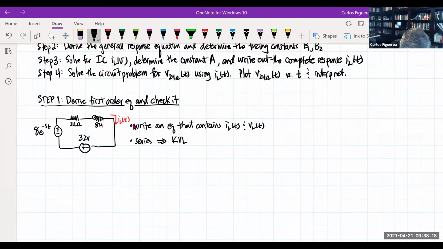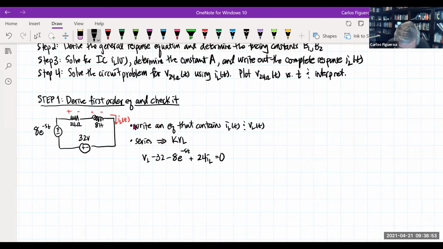So KVL tells me that it's got to be this. If I start at the inductor, you could see that the polarity of these should be exactly like this. So it's going to be VL, then I'm going to go around here, and I'm going to get minus 32 minus 8e to the minus 5t, and then plus the voltage of the 24 ohm resistor, which should be 24 IL, equal to 0.